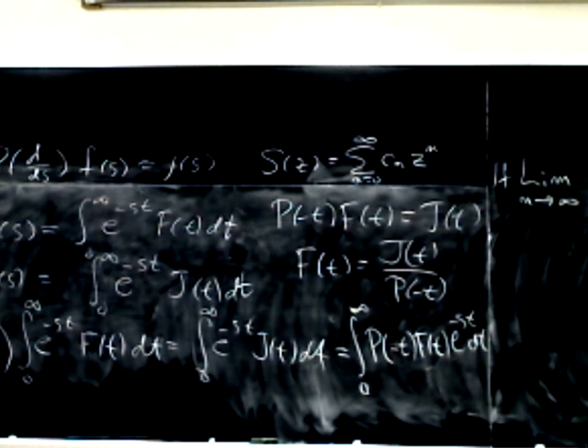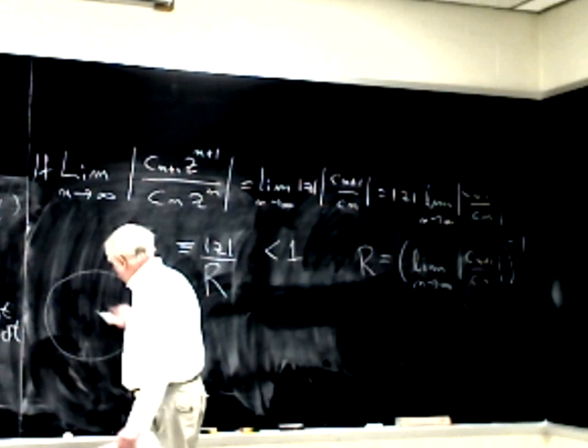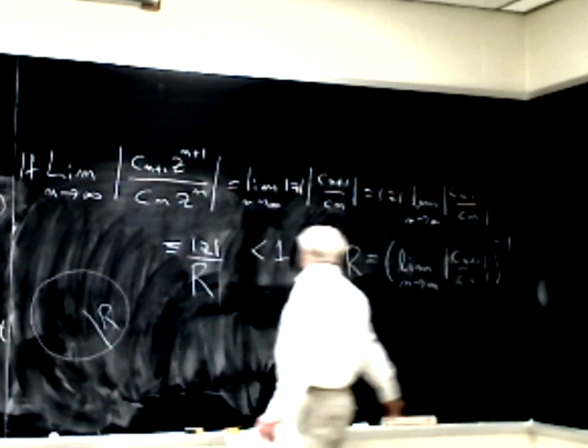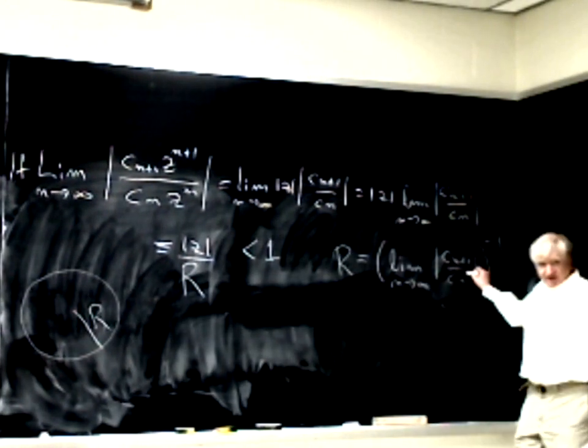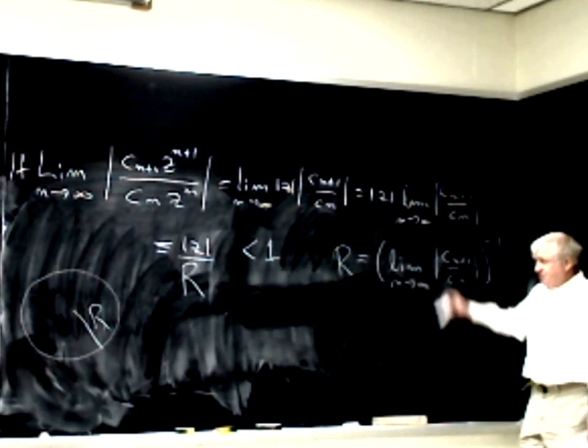And so the power series converge in a quite interesting way. Namely, they converge inside a circle of radius R, where R is given by the inverse of this limit. And this follows from the ratio test.